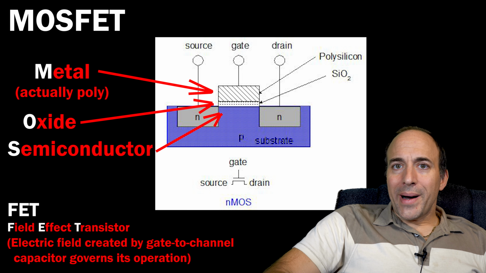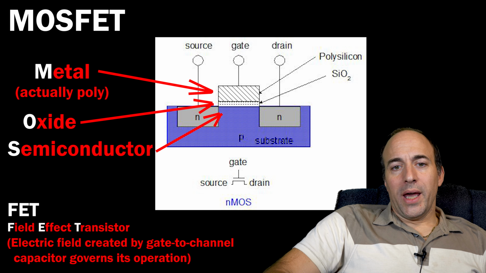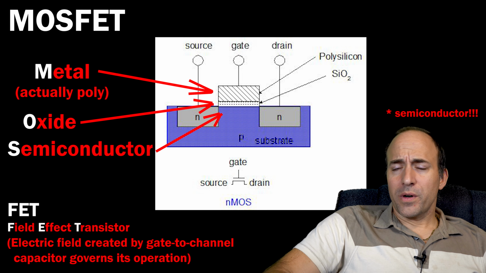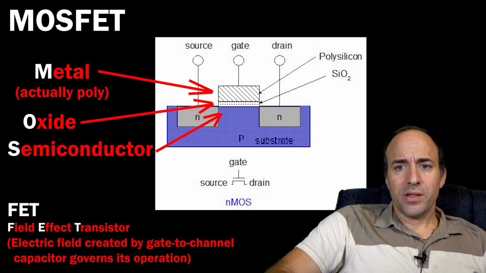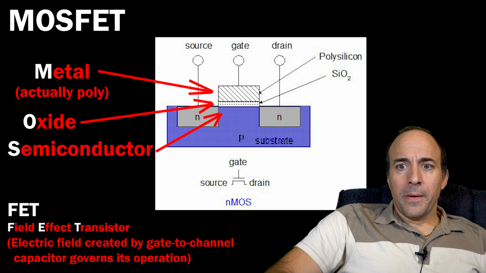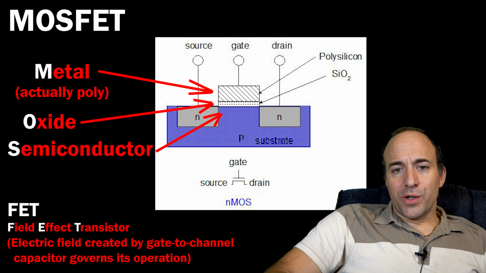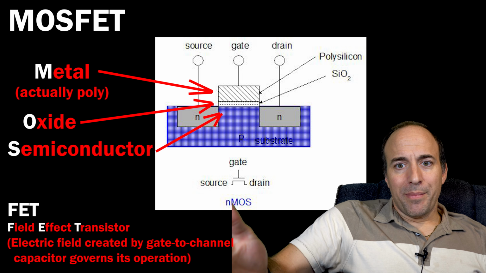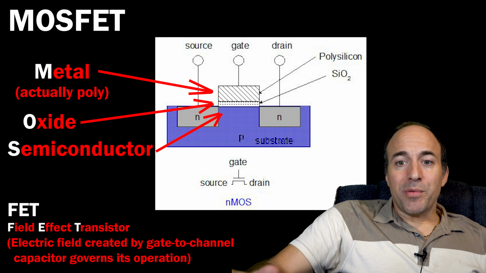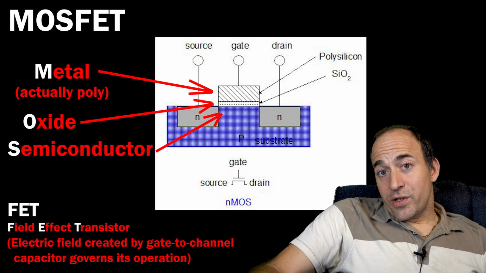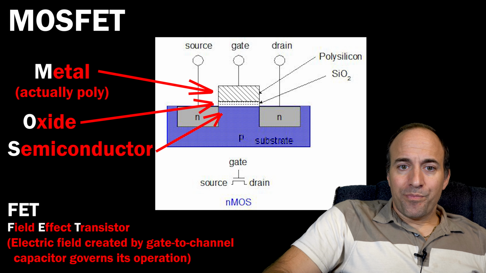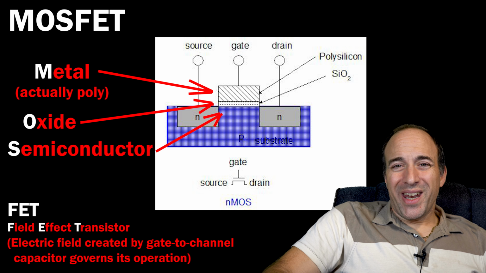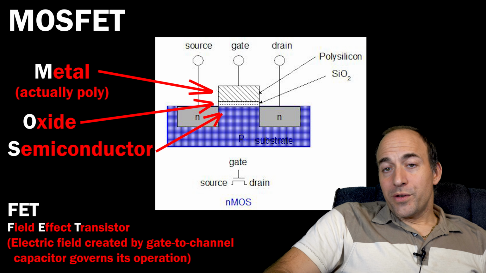A MOSFET, or a metal oxide field effect transistor, when viewed from the side, kind of like a cross-section, as shown here, is a multi-layer structure consisting of, if we start from the bottom and work our way up, the substrate, which can, for example, be P-type silicon, and then you've got these 2 little islands of N-type silicon embedded in the substrate, which are called the source and drain.